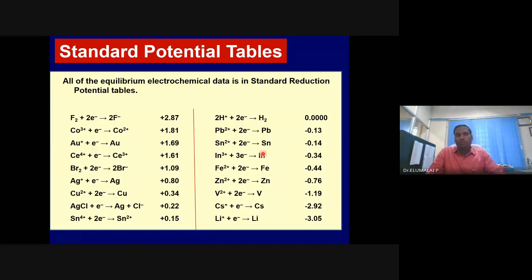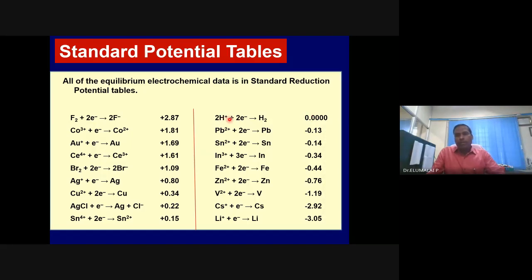What does it give? All the known electrodes and their reactions were studied to understand at what potential they undergo reduction. This has been estimated theoretically by taking the standard of hydrogen reduction as zero voltage.